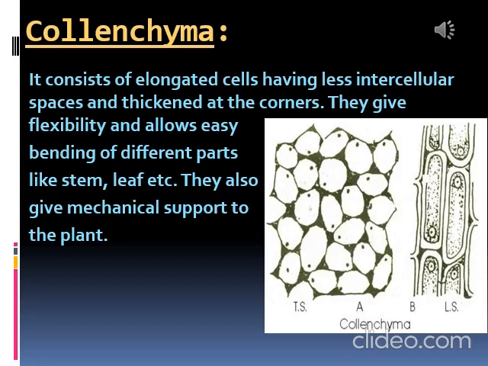Collenchyma allows growth and elongation of organs, and being a living tissue, collenchyma also stores food. Collenchyma cells may contain chloroplasts and may also take part in photosynthesis. So we can say that it is a living mechanical tissue, providing both mechanical strength and flexibility.